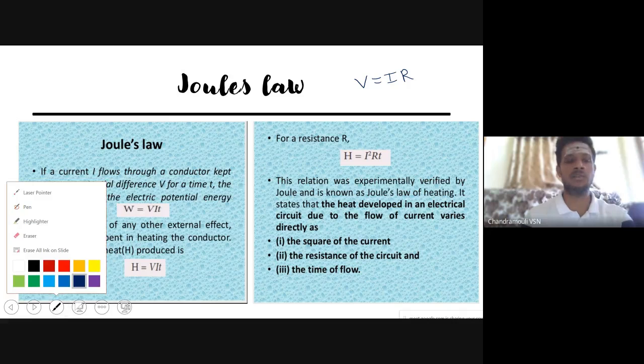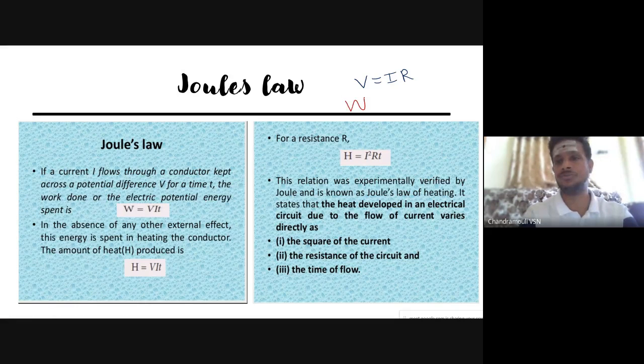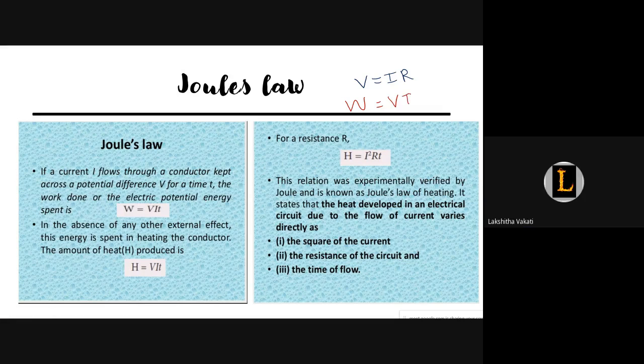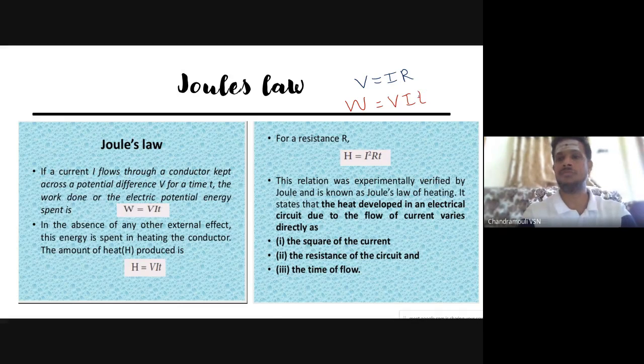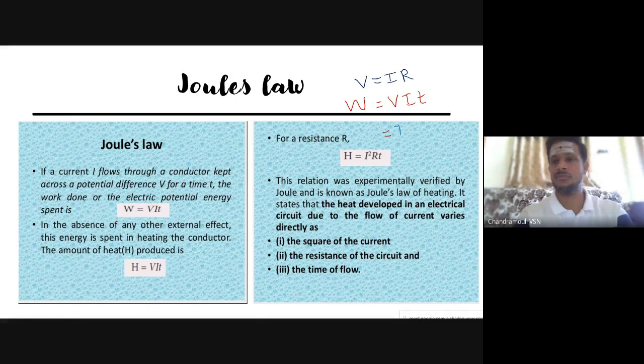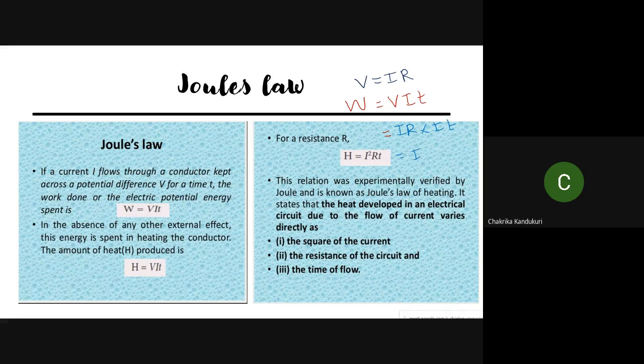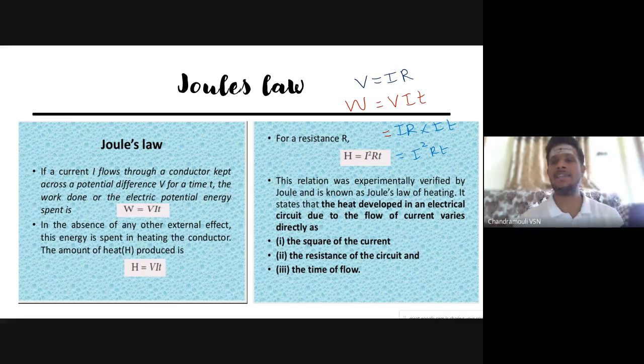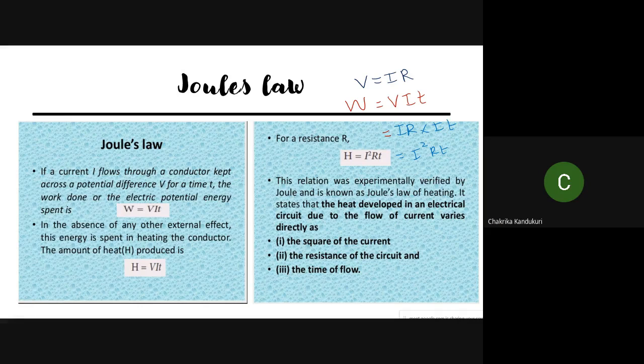Just now we came across Joule's law: W is equal to VQ, but Q can be written as I into T. So in place of V, if I substitute Ohm's law, we get I into R into I into T. I into I will become I square, so the formula will come as I square RT.